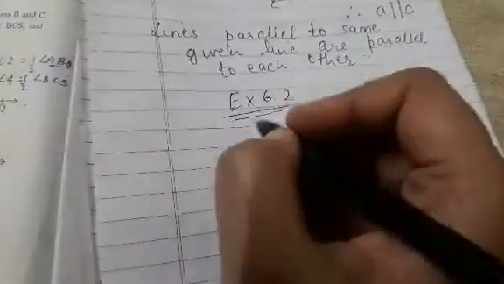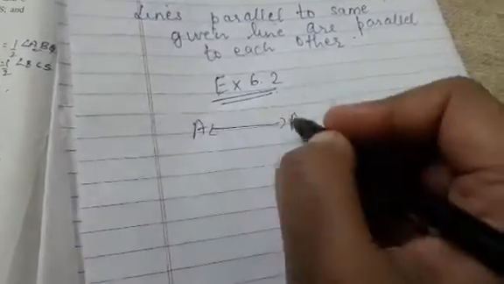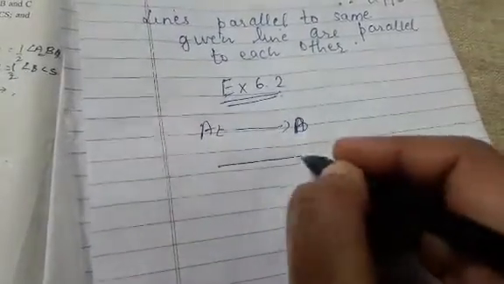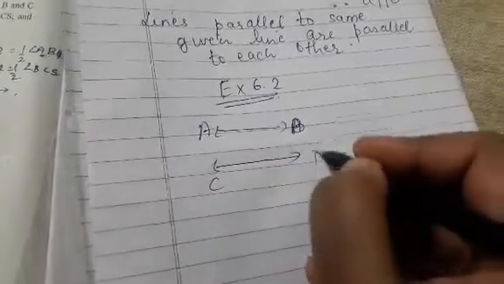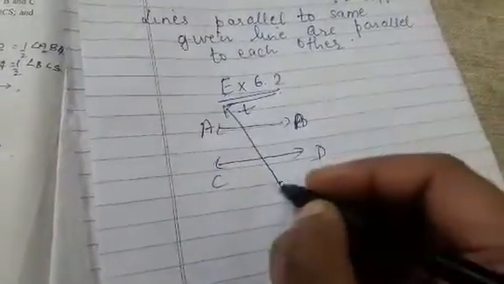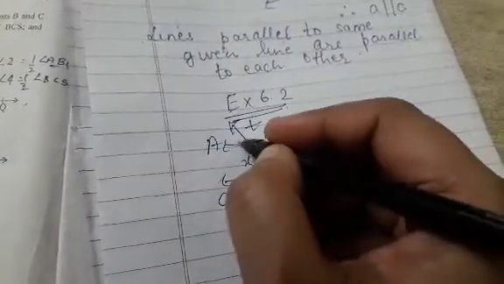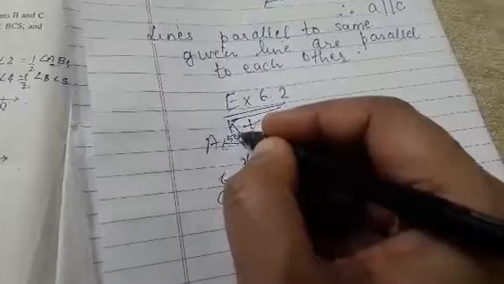We have two lines AB, and this is CD, right? Then there's a transversal T. This angle is X, this angle is 50, right?